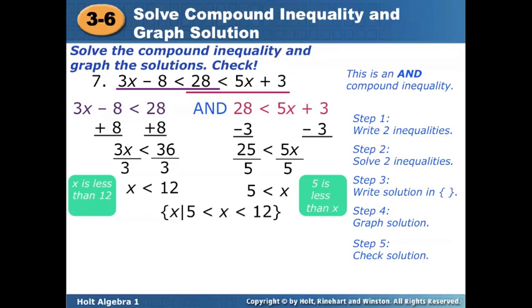Follow your format for set notation of an AND compound inequality. Put your numbers in least to greatest. We have the set of all x's such that 5 is less than x, which is less than 12. Notice our numbers are least to greatest, and the arrows are pointing to the left.